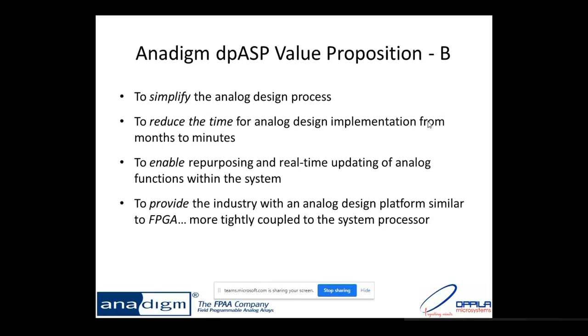But in FPAA, the process of designing even a complex circuit can be simplified. It saves design time, and you can focus on characterizing your design, how it behaves and how it works, instead of designing.